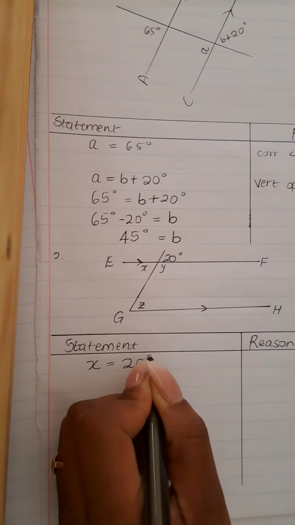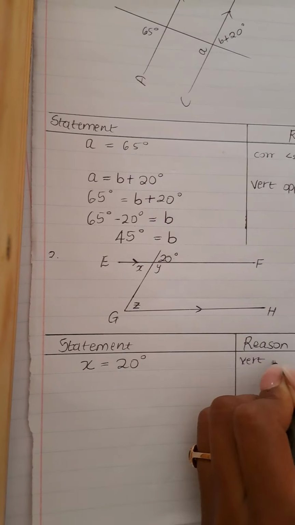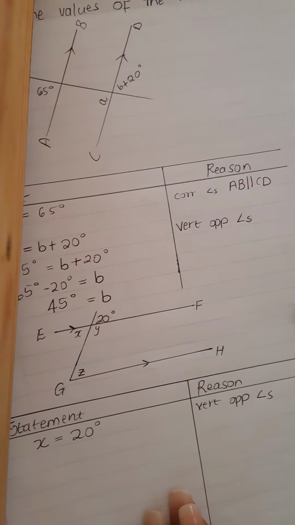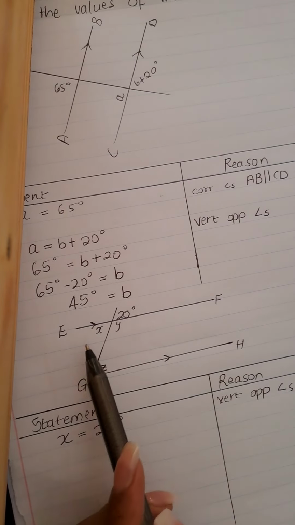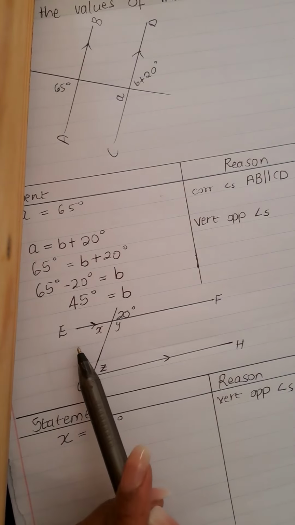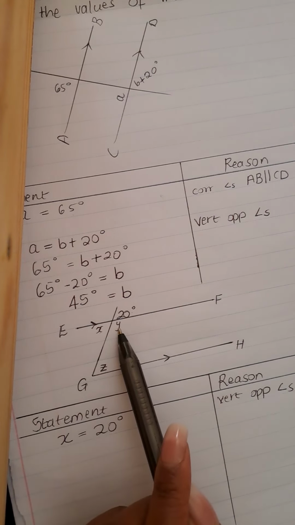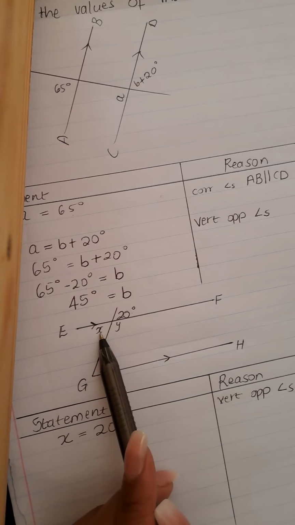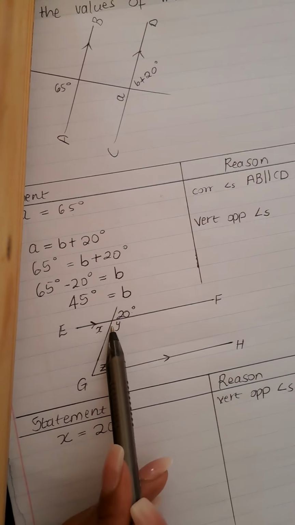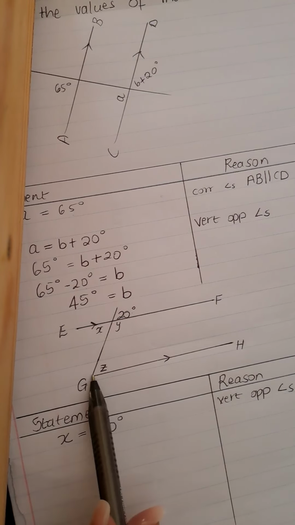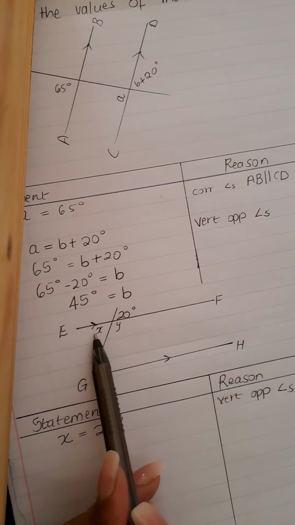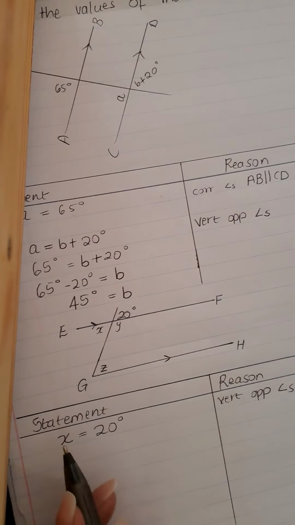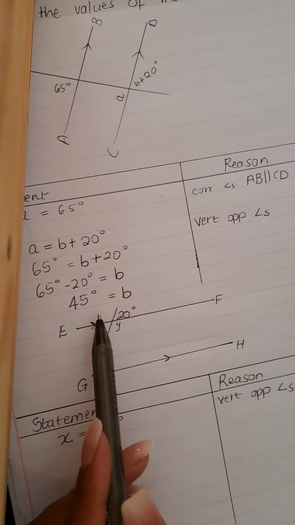X is equal to 20 degrees, vertically opposite angles. Okay, that's your reason. Now you have the value of x, you need to calculate the value of y. All right, so some of you can already notice that since you have the value of x, when you follow my hand like that, you get a Z shape, meaning angle x is equal to angle z, alternating angles, since we have parallel lines.